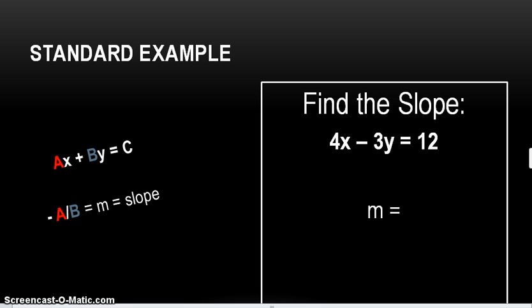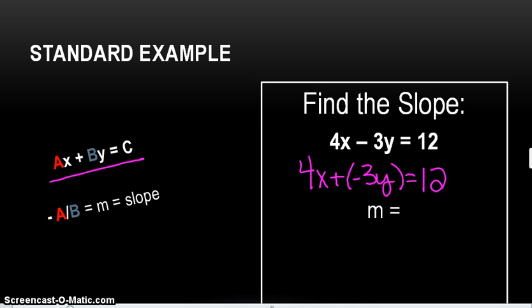All right, I'll have you do this one by yourself. Okay, so we have 4x minus 3y equals 12. And what I always like to do is rewrite it so it's exactly like the formula that we see. So we see that this is ax plus by equals c. So I'm going to rewrite this to say 4x plus negative 3y equals 12.